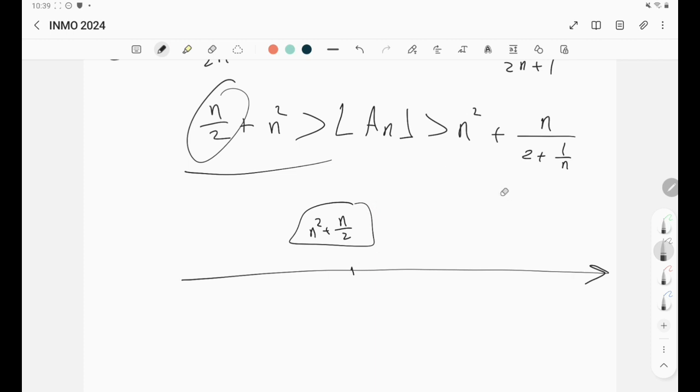However, now this thing here, of course, we know that the floor of an is before it, somewhere here. But if you look at it, it's going to be very close to this.